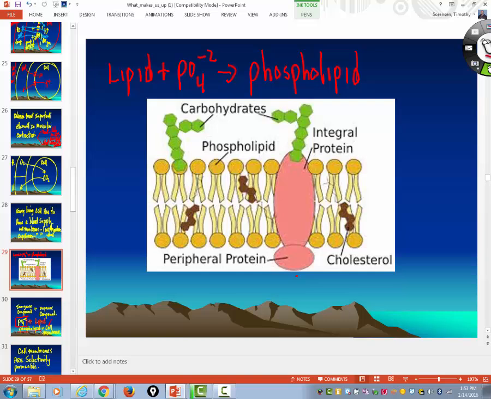And how it works is this. You have a phosphate head which likes water, right? It attracts water. And connected to that phosphate head are two lipid tails. What's interesting is if you look at the cell membrane, this would be the stuff inside the cell, intracellular.